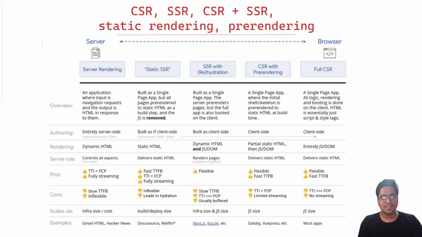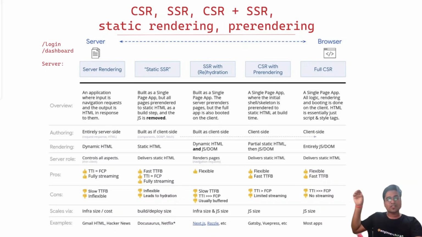Consider an example: you are requesting a login page or a dashboard. This is a request which goes from a browser to the server. Now your server processes the request for this particular route, which is /login or /dashboard.